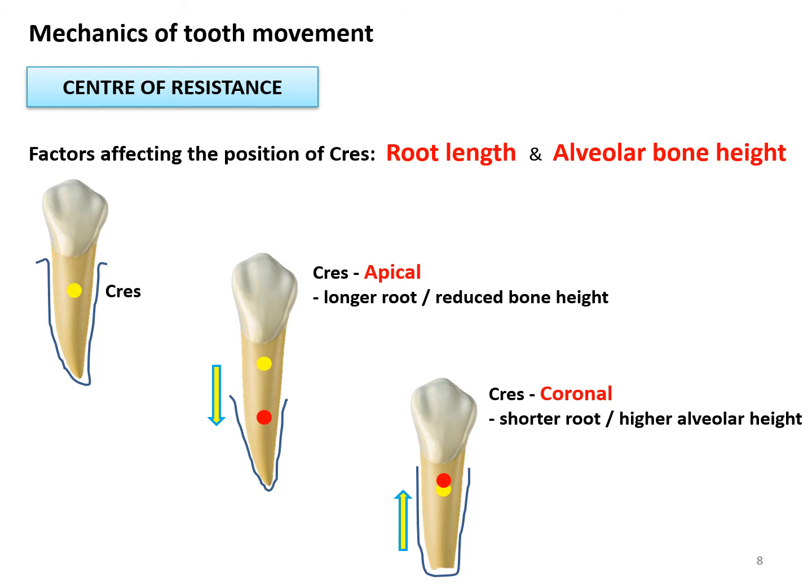However, the image on the right shows that the center of resistance is more coronally placed because the tooth has a shorter root and higher alveolar bone height. So it is easy to understand where the center of resistance of the tooth is located based on how long the root is, and how high the alveolar bone support of a particular tooth is.